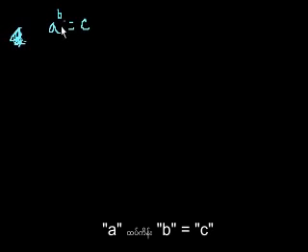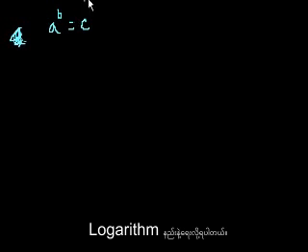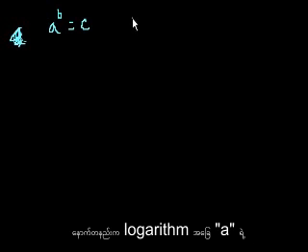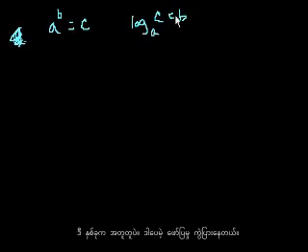Another way to write this exact same relationship, instead of writing an exponent, is to write it as a logarithm. So we could say that the logarithm base a of c is equal to b. So these are essentially saying the same thing.